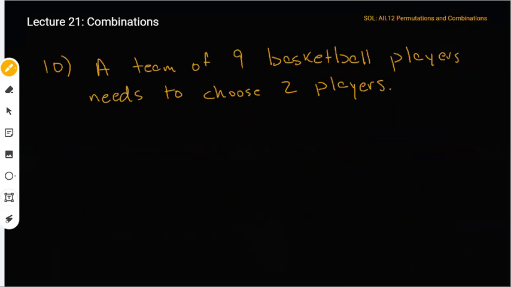So this time my total number of objects is going to be 9, and I'm choosing 2 from those. So I'm going to have 9 factorial at the top, 2 factorial at the bottom, and then 9 minus 2, which is going to give me 7.